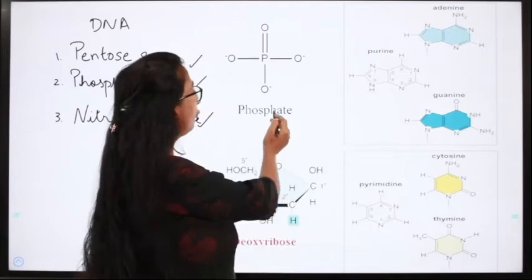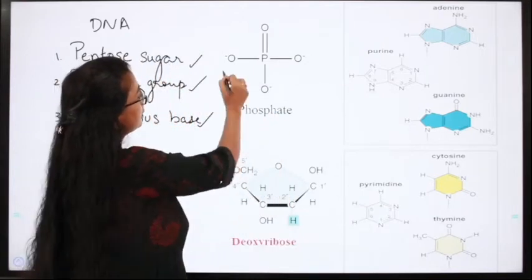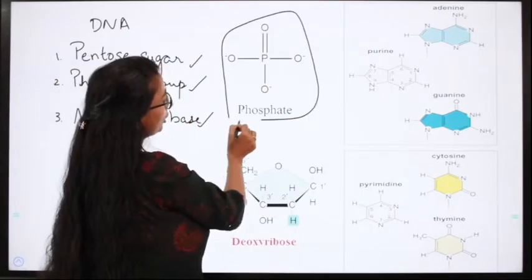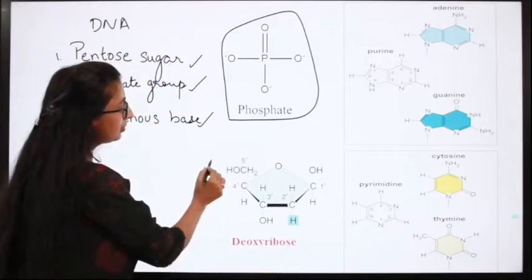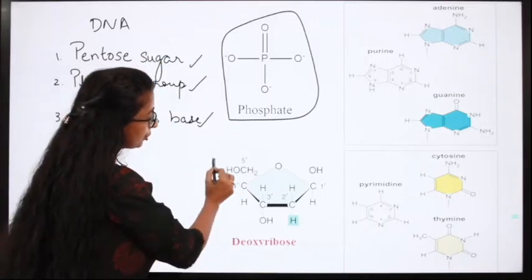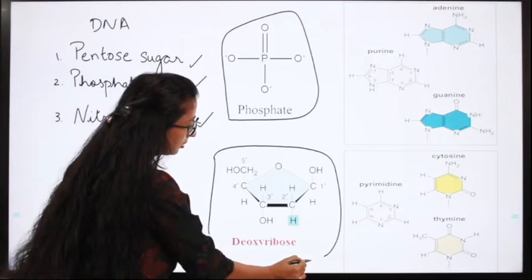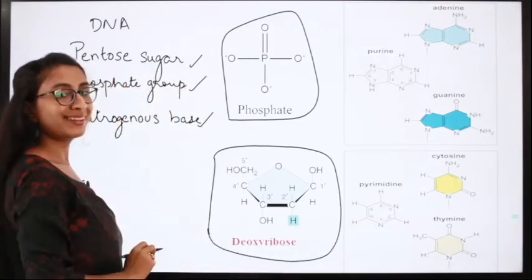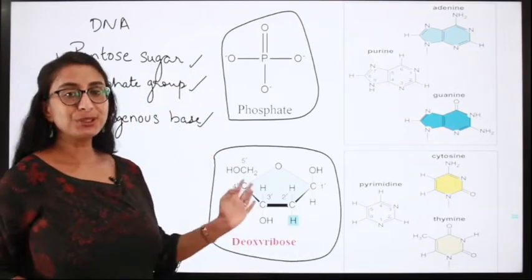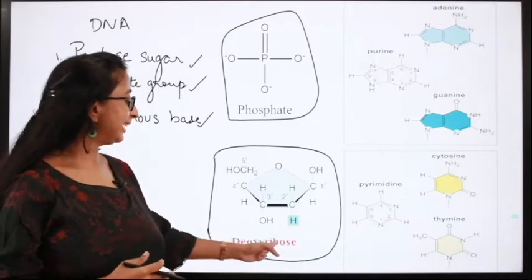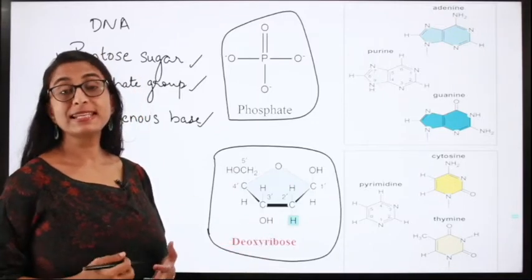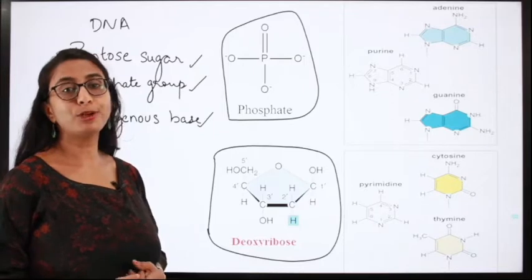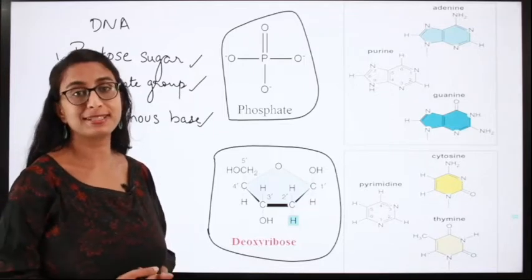This is the phosphate group, isn't it? This is the phosphate group, and this is the deoxyribose sugar. So the sugar in a DNA molecule is deoxyribose, whereas the sugar in an RNA molecule is ribose, isn't it?